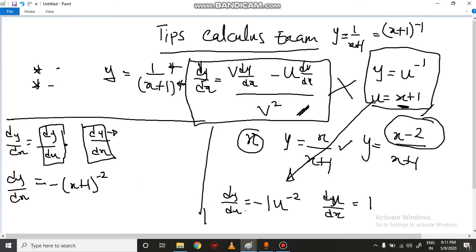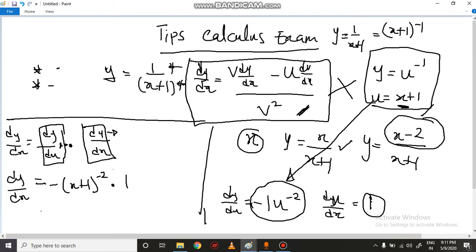I'm just substituting this, because it's dy over du, I'm just substituting it here. And it is multiplying du over dx. So du over dx is 1, so it's multiplying 1.